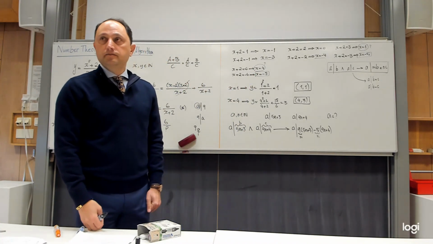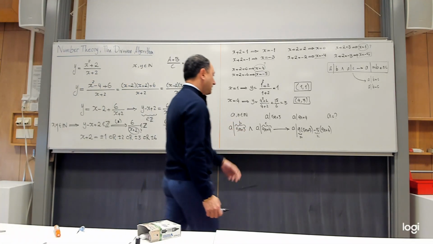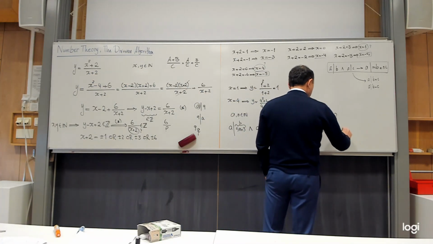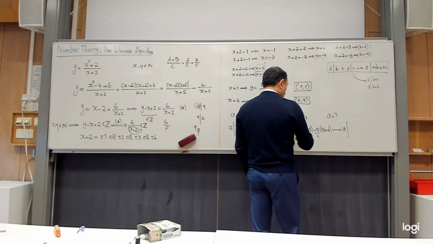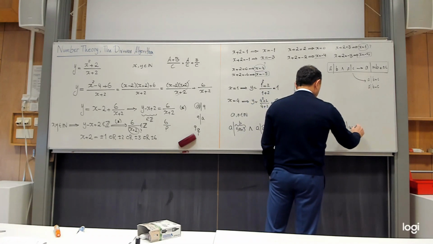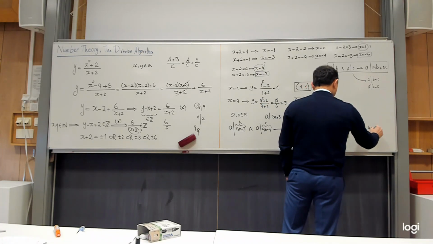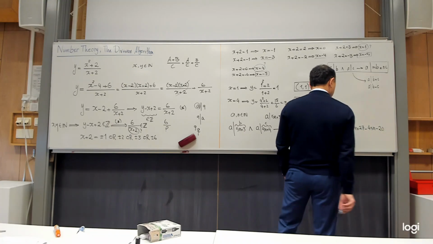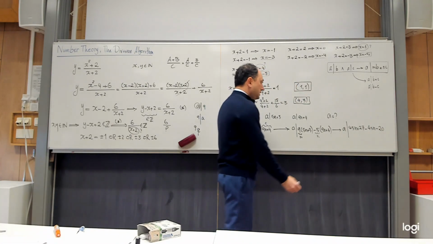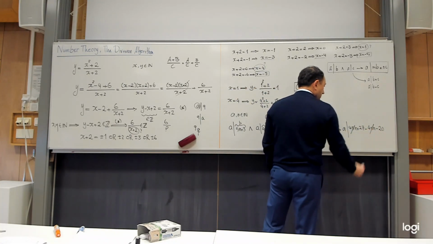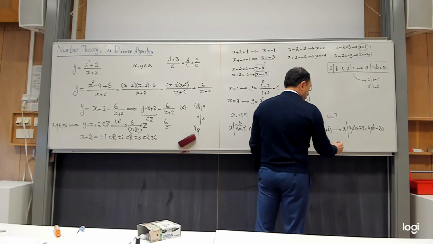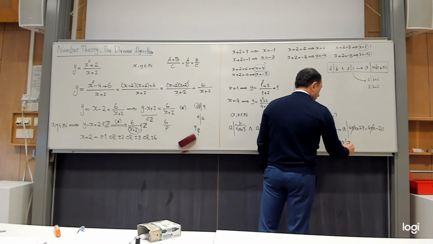Is that clear? Okay, so what happens now? This means I multiply this in, 45n plus 27, and then I have minus 45n minus 20. And then you see that I reached the goal. So this is cancelled. So then it means that A divides 7.